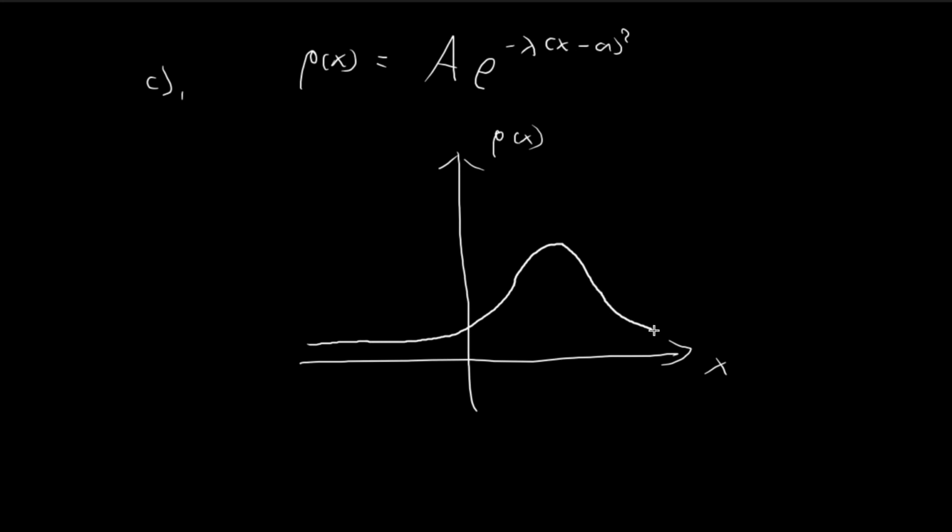It should be a symmetrical curve that looks something like this. And this very point where it hits the peak, this should be the point where x is equal to a. And so this is what your function should look like. And as you might have guessed, integrating this function from negative to positive infinity should be equal to 1. So the area under the curve is precisely 1. And so this is a rough idea of what your probability density function looks like.